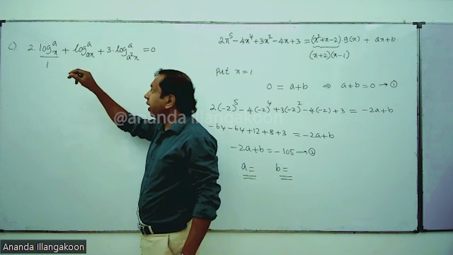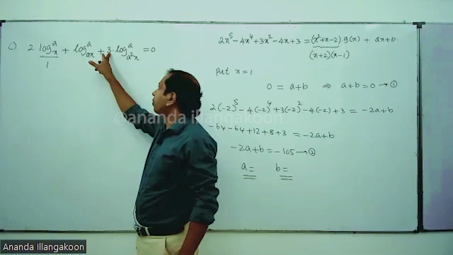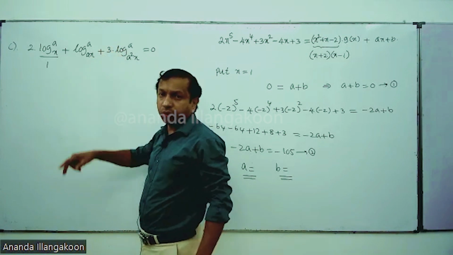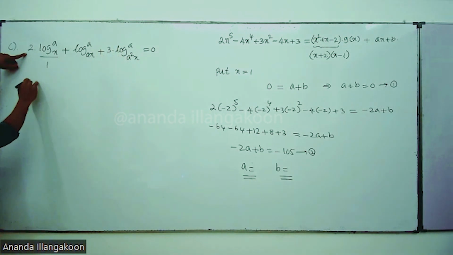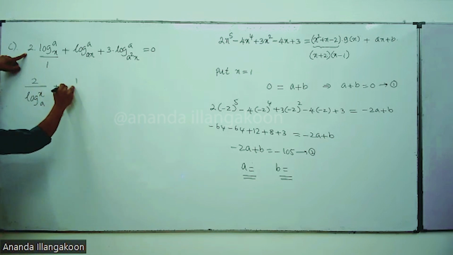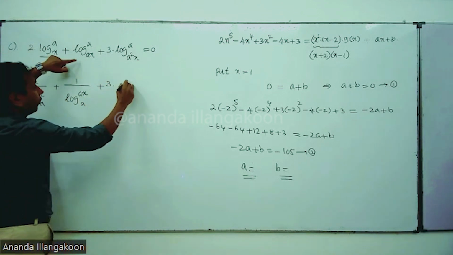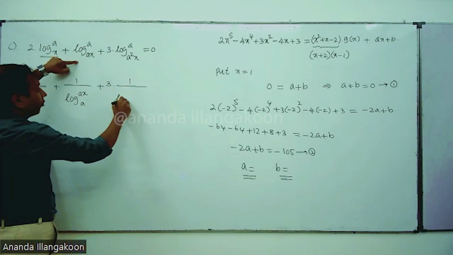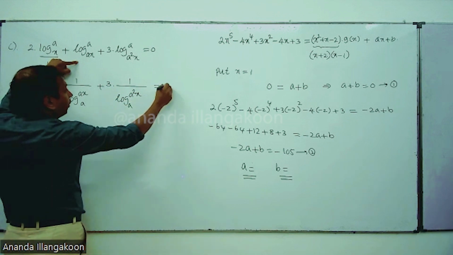There I take only the log term, not this coefficient. The coefficient stays there. Here also this 3 should be there. We have to bring this to the denominator. So then what we get is 2 over log x to the base a, plus log a x to the base a, plus 3 times 1 over log a squared x to the base a, equals 0.